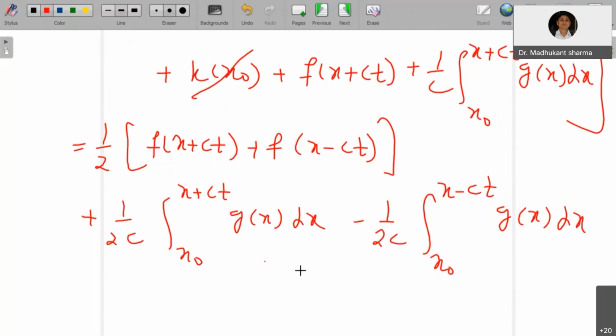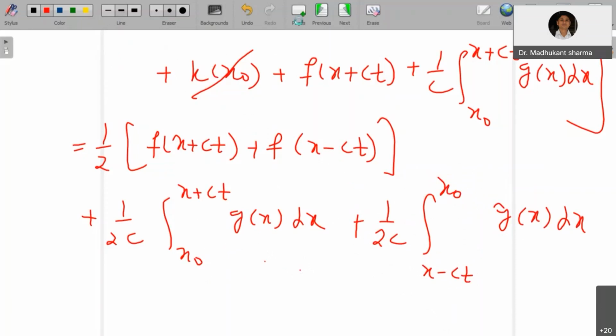Now, still we can compose these two. You can just reverse the order. What will happen is this is plus, and what we'll have here is x minus ct to x naught, and this is x naught to x plus ct.